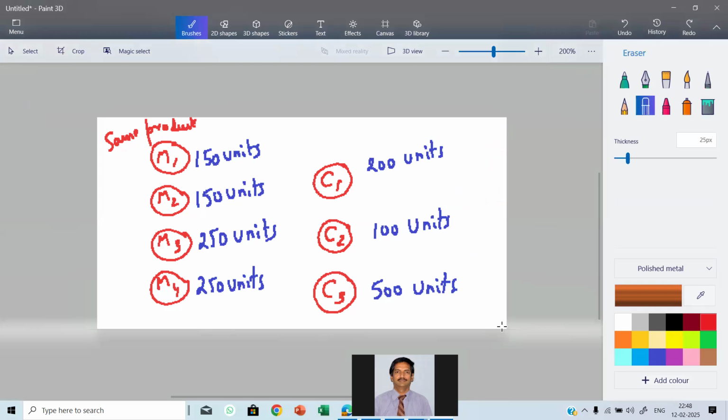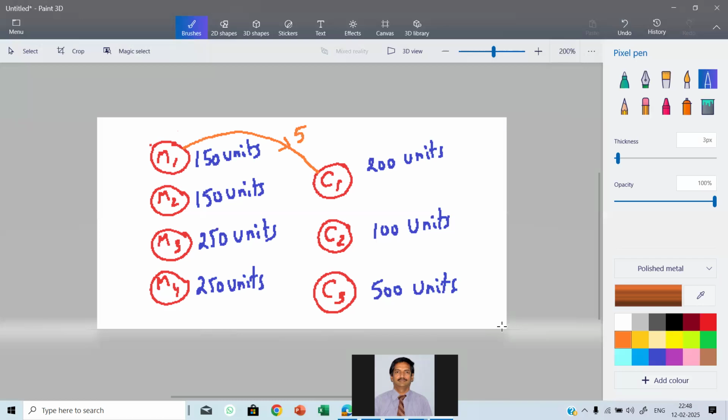Okay. Now the problem is how to make your profit equitable or optimum. It depends on the reduction of the cost of transportation between M1, M2, M3, M4 and C1, C2, C3, right? Suppose M1 to C1, the cost of transportation per unit is 5 rupees. M1 to C2, it is 4 rupees.